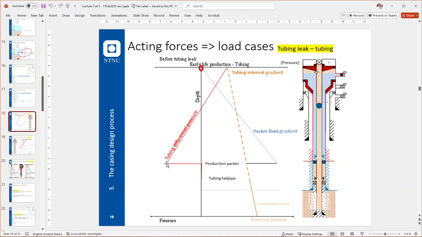So it's a compressive load, a collapse pressure. And the collapse pressure goes on all the way up until it crosses the black line, which is said to be the zero or pressure equilibrium.